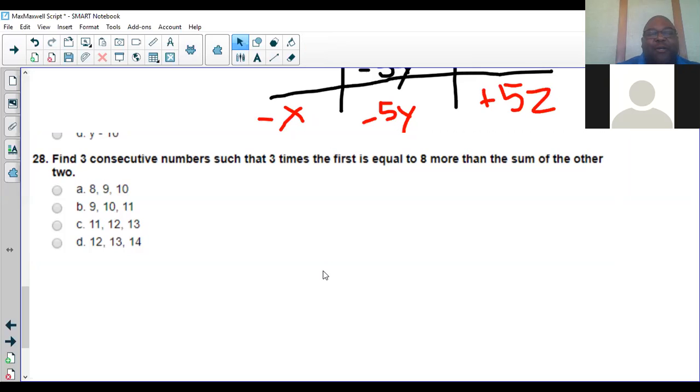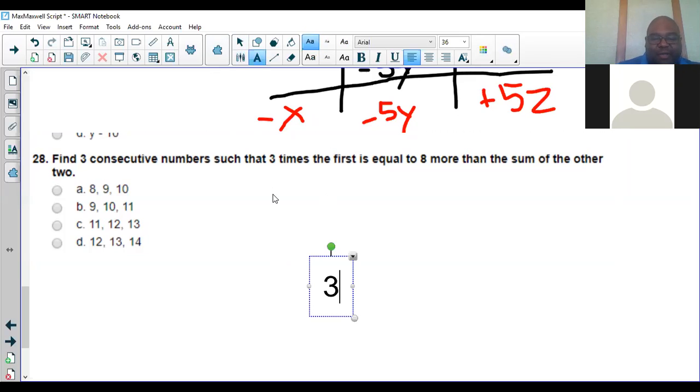24. Okay, so let me just write this down here. We're going to have 3 times A, where A is the first number. 3 times the first number is equal to 8 more than the sum of the other numbers.